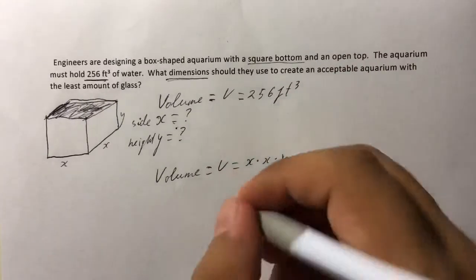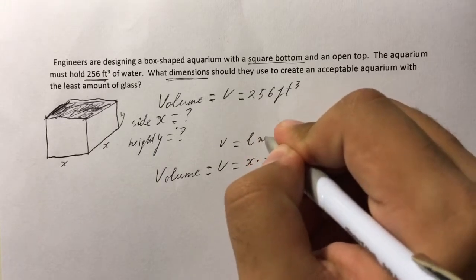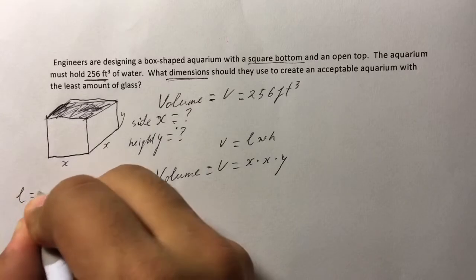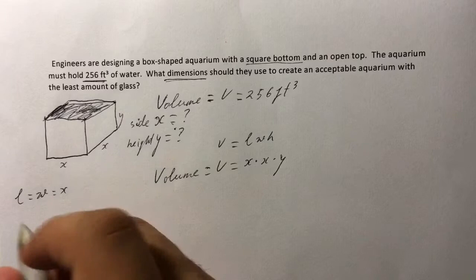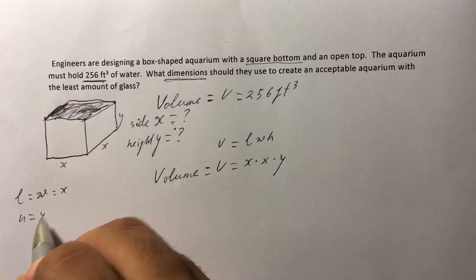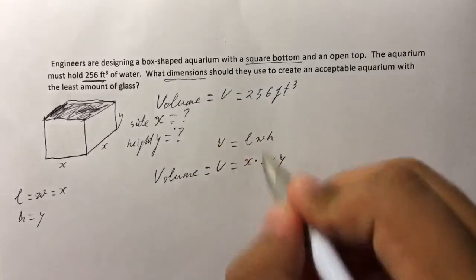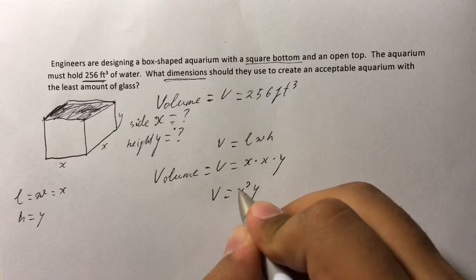You should write down your equation first, like volume equals length times width times height. But then I know that L is equal to W, and that's equal to x. And I know that H is equal to y. That's what I set them equal to. So to be clear, label that just like so. And so your volume is actually equal to x squared y.